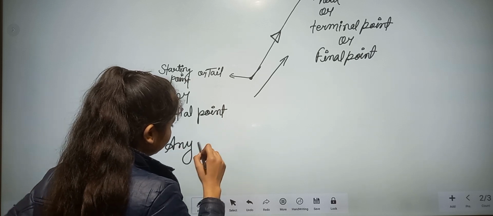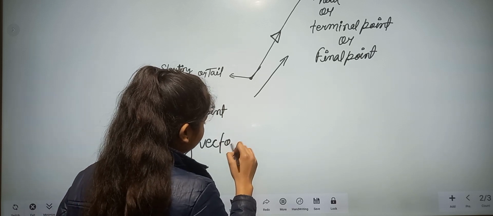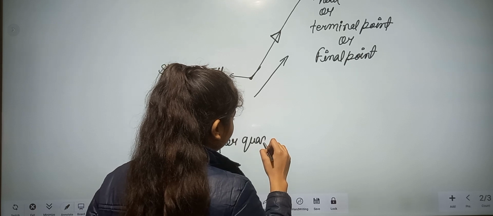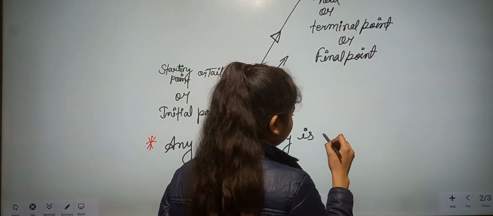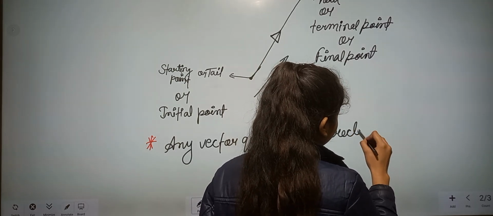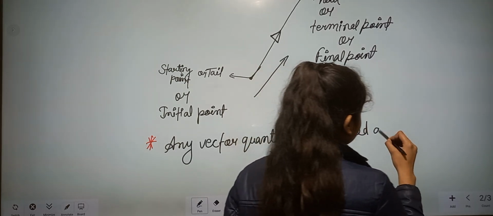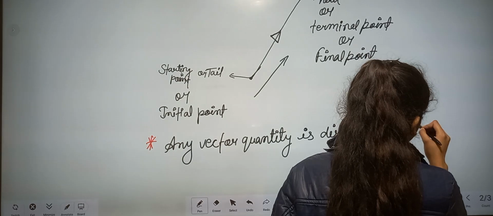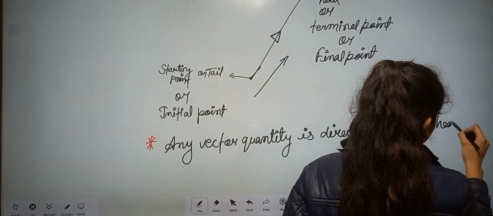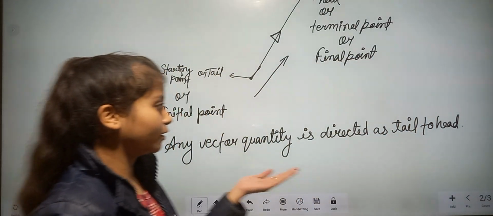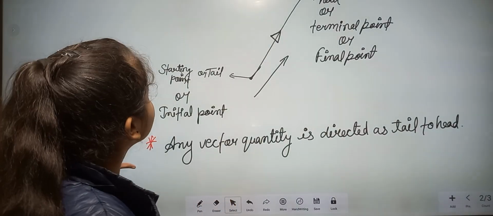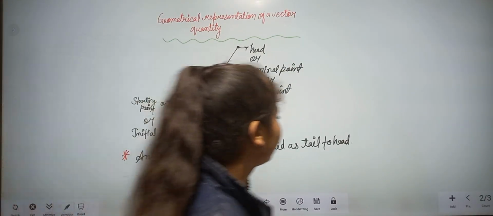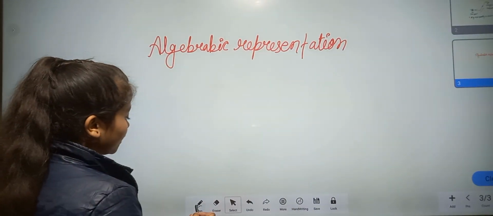Any vector quantity is directed from tail to head. We can also write initial point to final point. We understand this geometrical representation of a vector quantity, and now we will discuss the algebraic representation of a vector quantity.